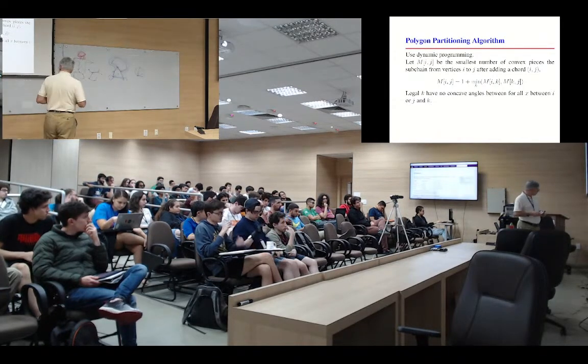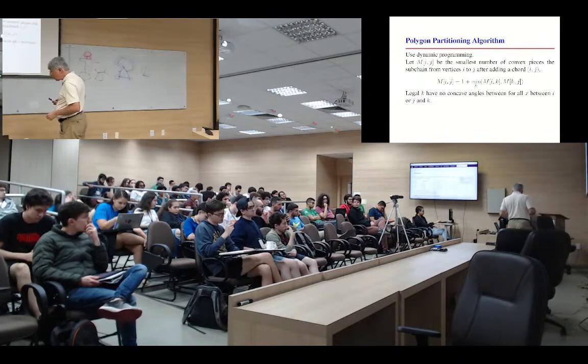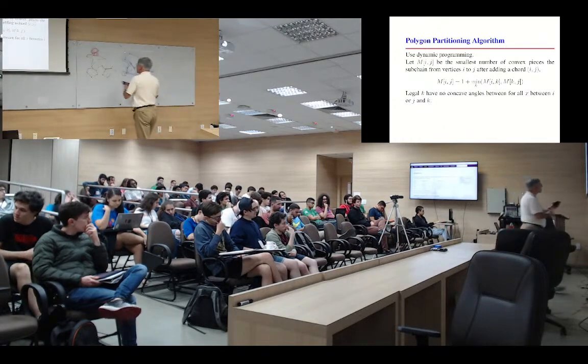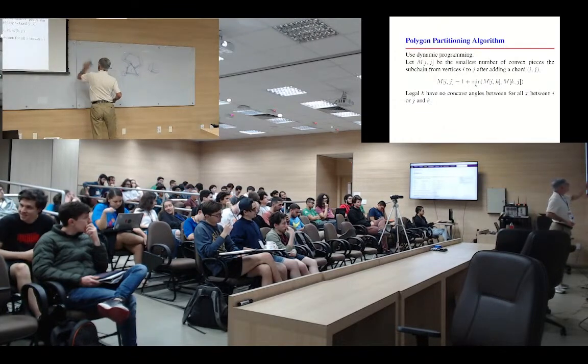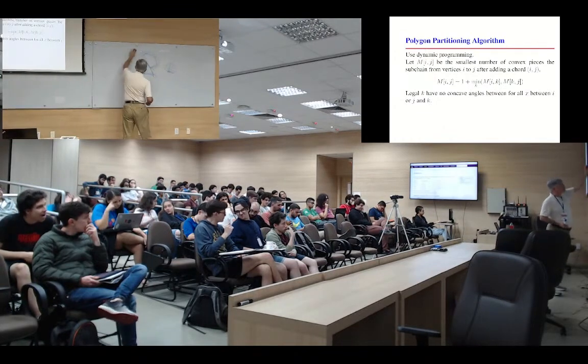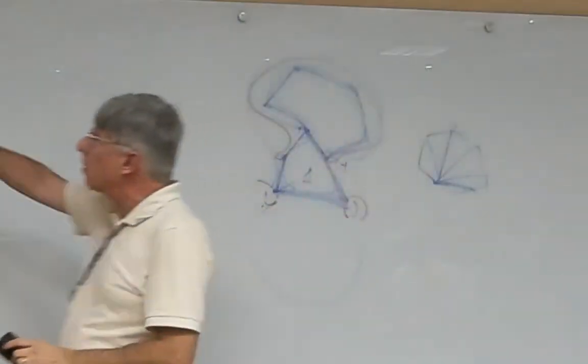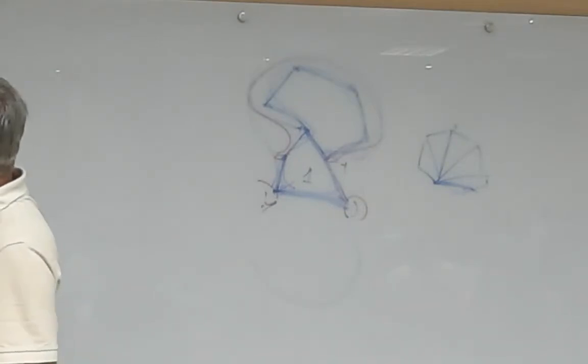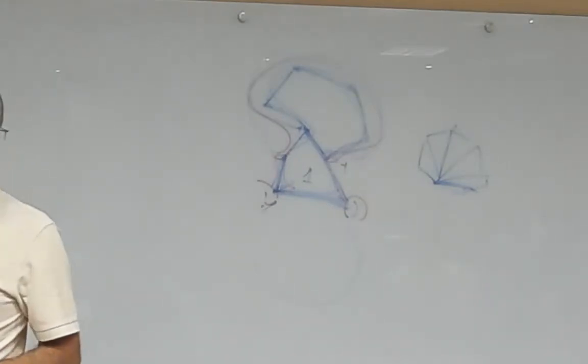I'm going to write it, but I don't think I'm going to write it in a way that makes you happy. Let me try this. I claim, again, let's say that my definition of what the recurrence means is correct. M sub ij is the smallest number of convex pieces in the subchain from i to j, right?